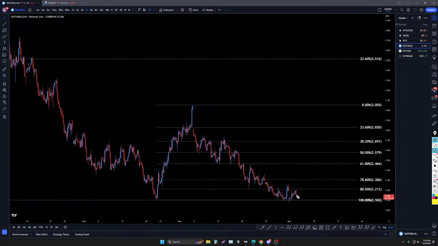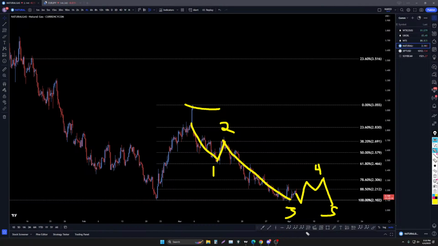But there's always a possibility, even if it does break structure, that it just makes another correction, because I definitely see that is a clear trend, maybe a 1, this is a correction, and then this whole way down there's been no break of structure. This is probably still a wave 3. It probably needs to make a 4 and a 5 just to finish off the trend that started back here.